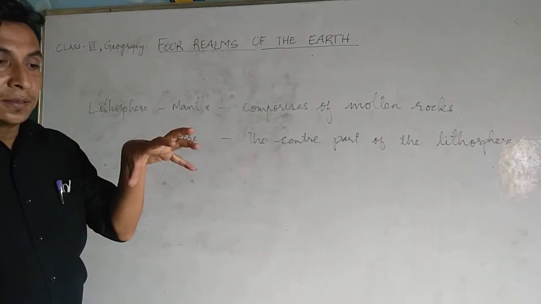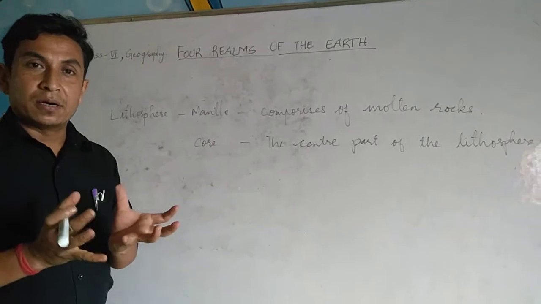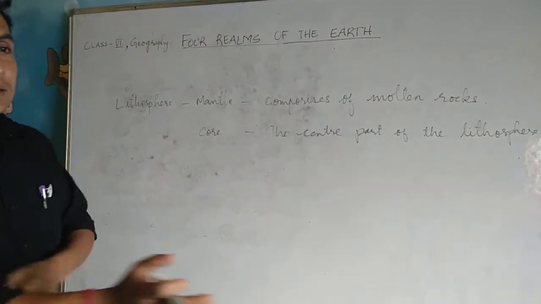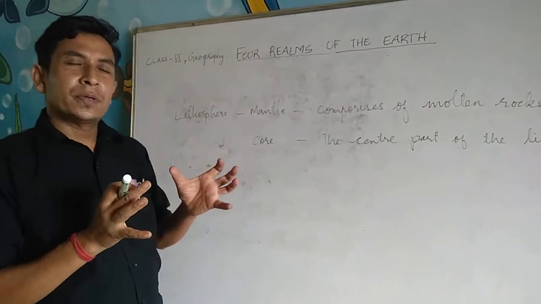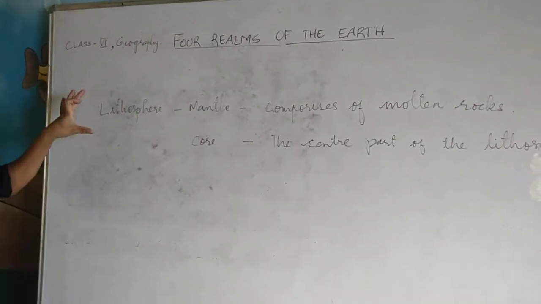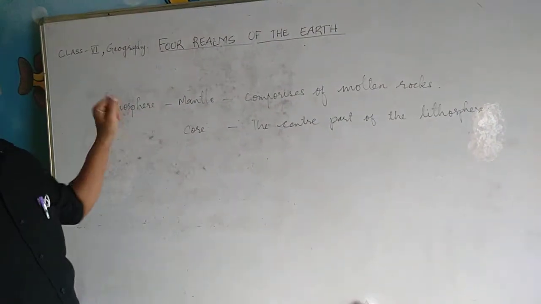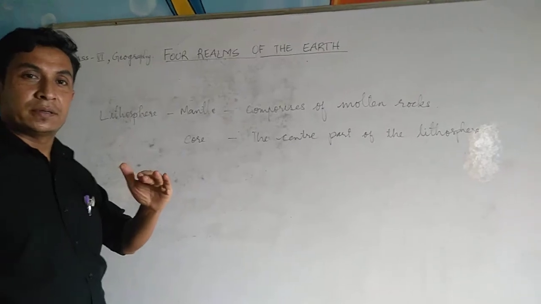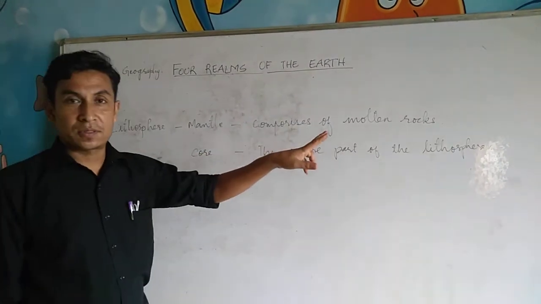The interior of the earth is very hot. Mantle is the second layer of the lithosphere, which comprises the molten rocks.